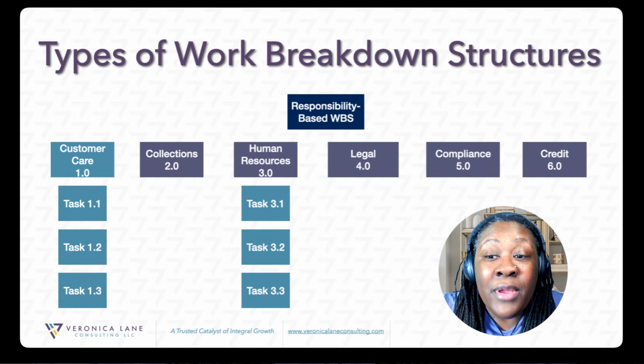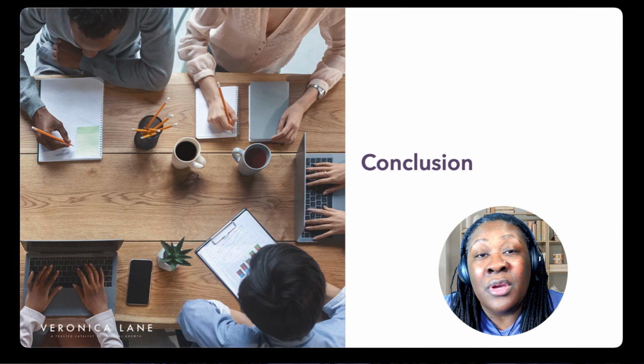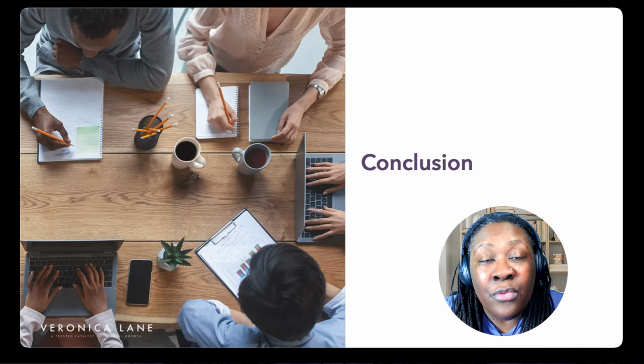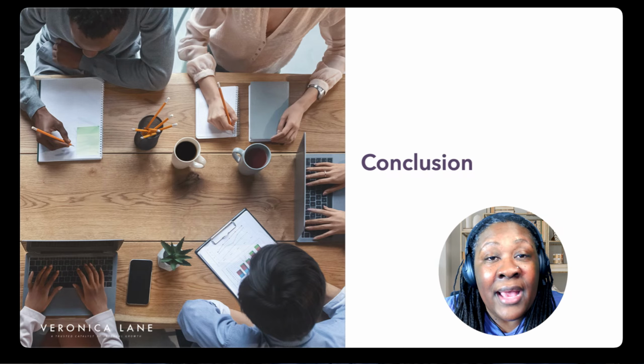But as a reminder, your work breakdown structure is something that you would be able to use to outline all of the tasks that have to be done on this particular initiative. You can also use this to assign the ownership or the roles of these tasks. You can also use this to break it down by department or by task or by responsibility.